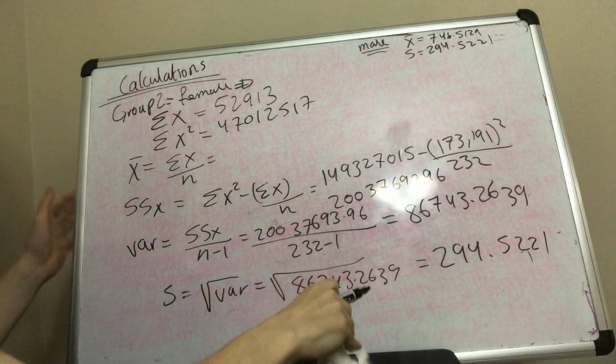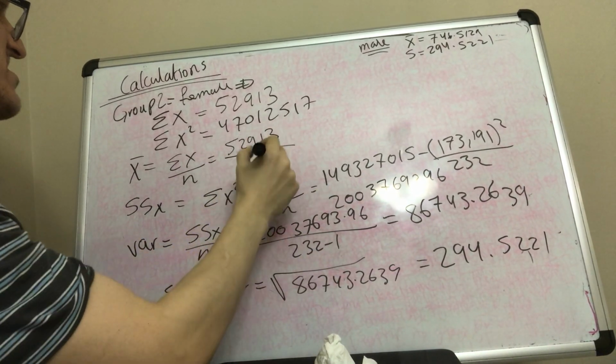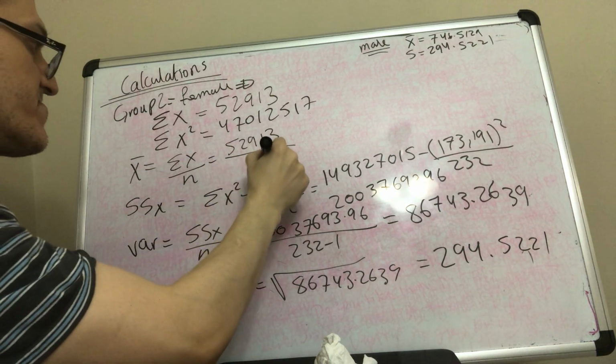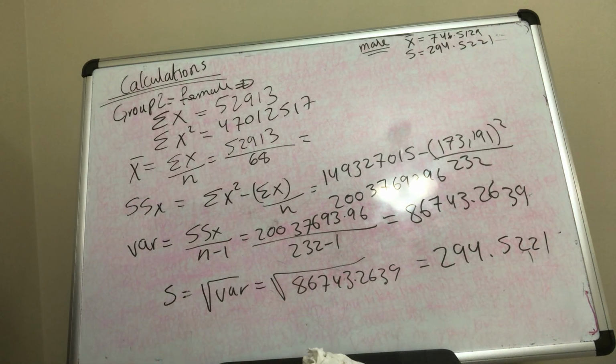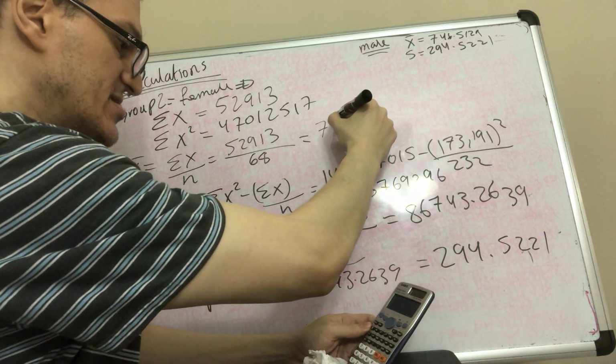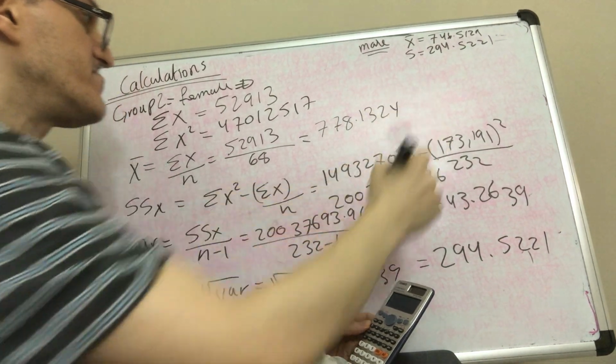To do the average, we need the sum, that's 52913. And the female group, there are 68 of them. So 52913 over 68 gives you an average of 778.1324.